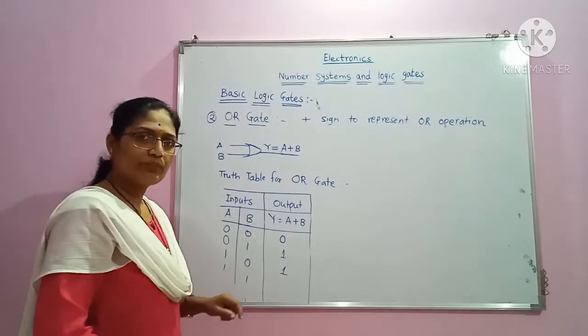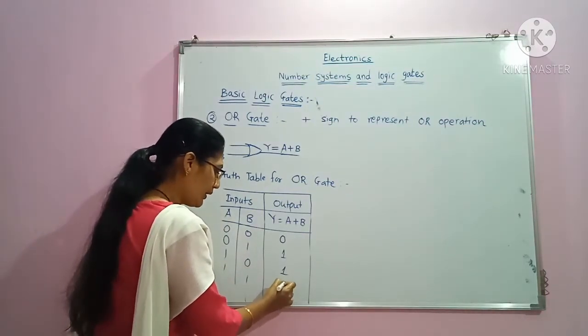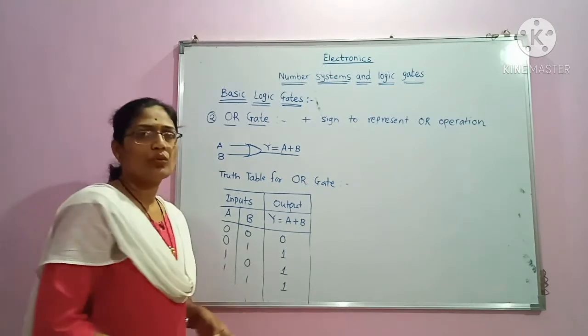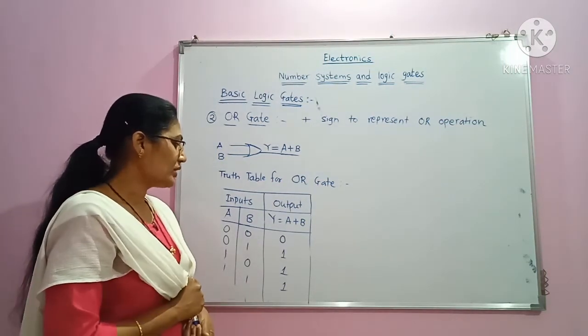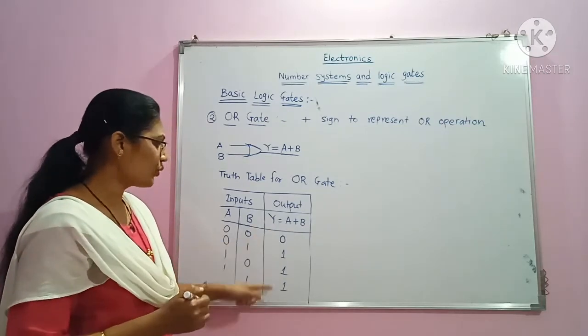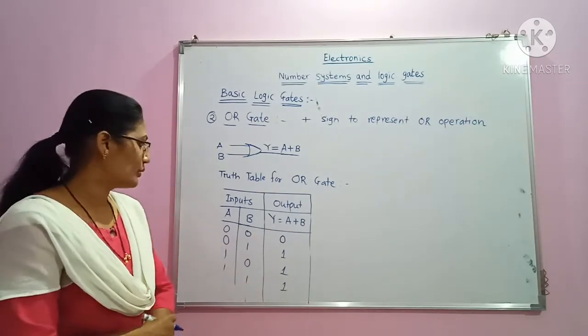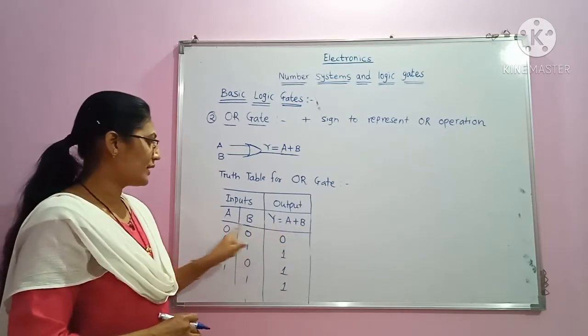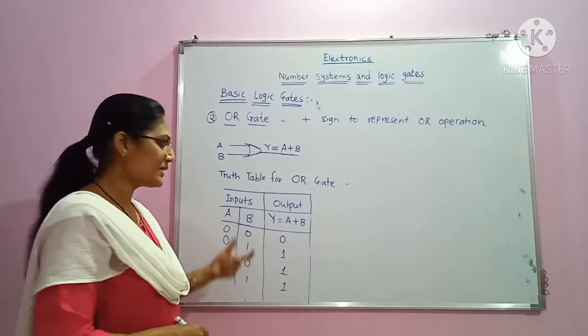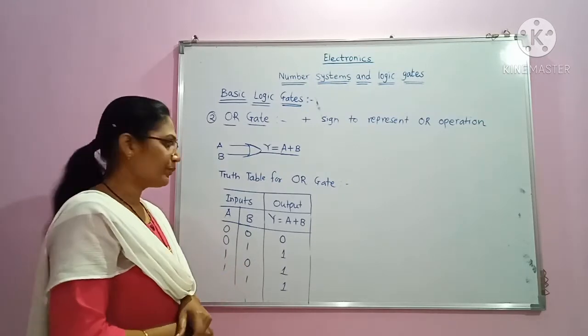And 1 plus 1 again gives me, in logic function, a high state or logic high state. So what can one conclude? Here the output is nothing but the addition of A and B, that is, one or more inputs.